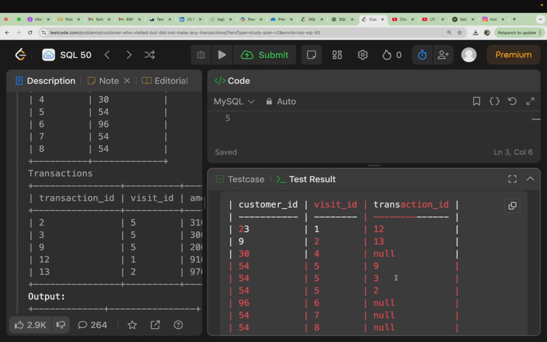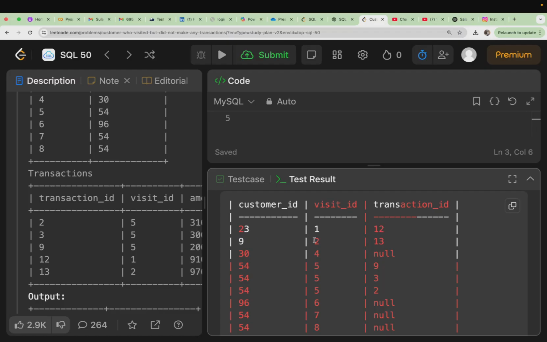Now let's analyze this particular table, because that's where our whole solution exists. What is happening? We are getting the transaction ID for the visit ID and customer ID for a particular customer who has made a visit and made a transaction. Customer ID 23 made his visit and made the transaction. Same goes for customer ID 9.